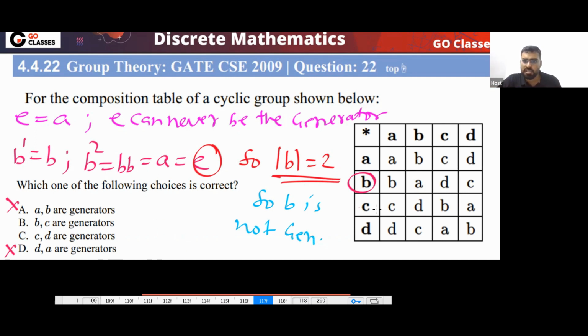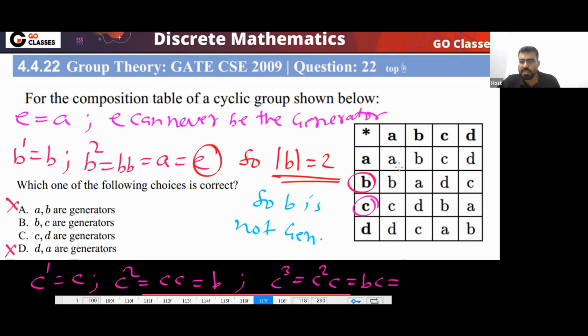Okay, let's think about c. C power 1 is c. C power 2, that means cc, that is b. What is c power 3? That means c square times c, so that is bc, and bc is d. And what is c power 4?